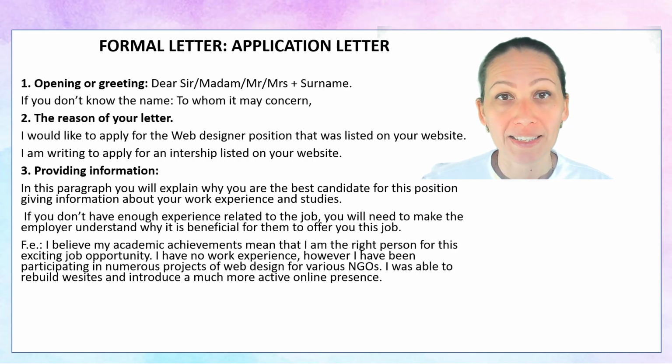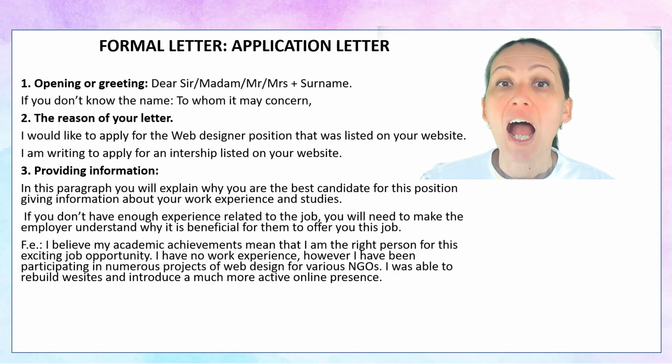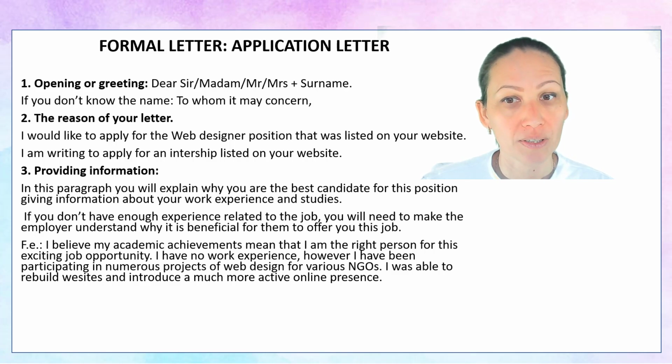Here I will give you one example. I believe my academic achievements mean that I am the right person for this exciting job opportunity. I have no work experience. However, I have been participating in numerous projects of web design for various NGOs.